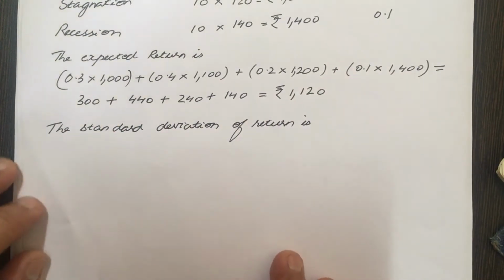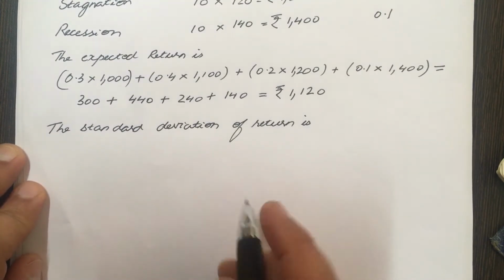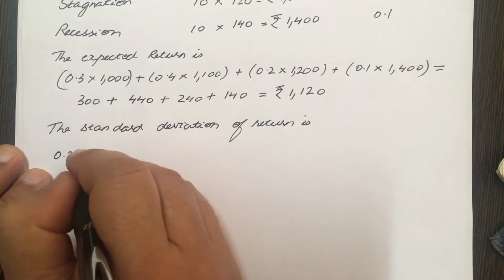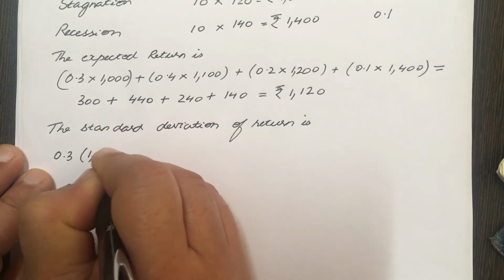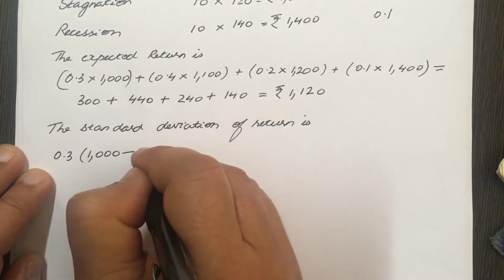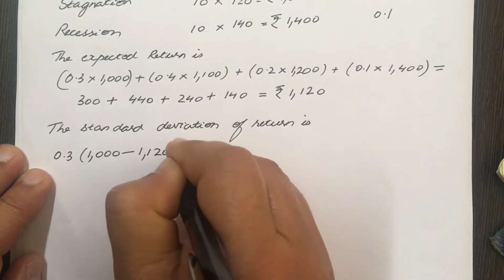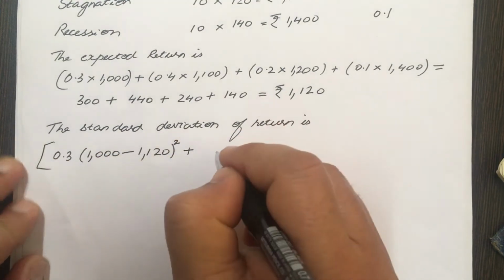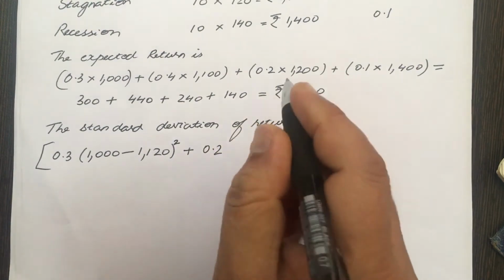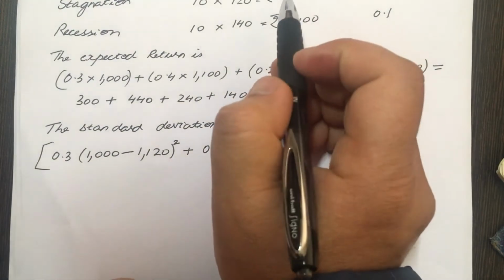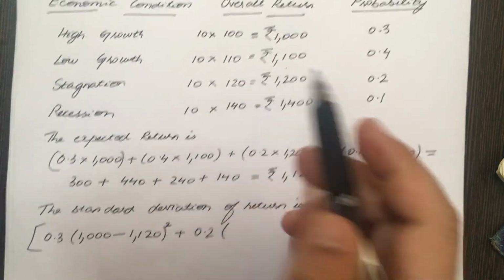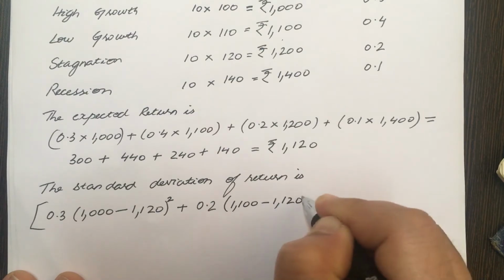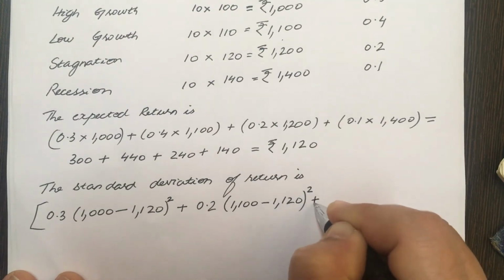Okay. Next, we have to find out the standard deviation. How do you find a standard deviation? So 0.3 into (1000 minus 1120, the expected return) to the power 2, plus 0.4 into (1100 minus 1120) to the power 2.